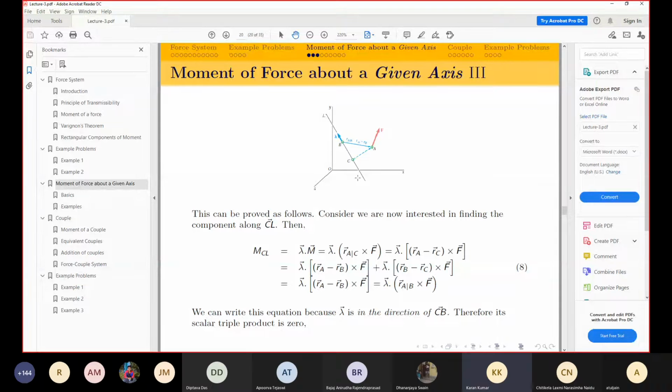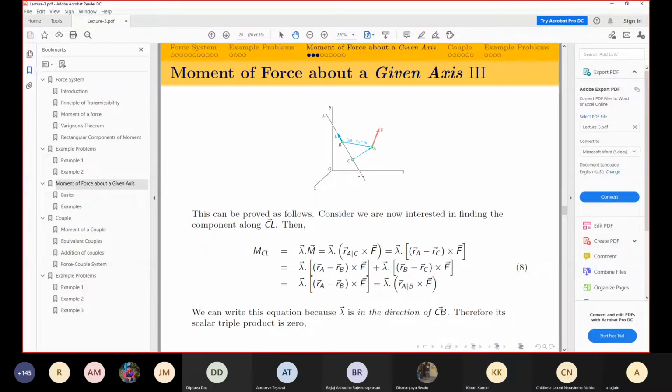If the force is acting on one of the points of the axis, then the moment about the axis will always be zero, but the moment about any other point may or may not be zero, right? As they will be in the same plane.